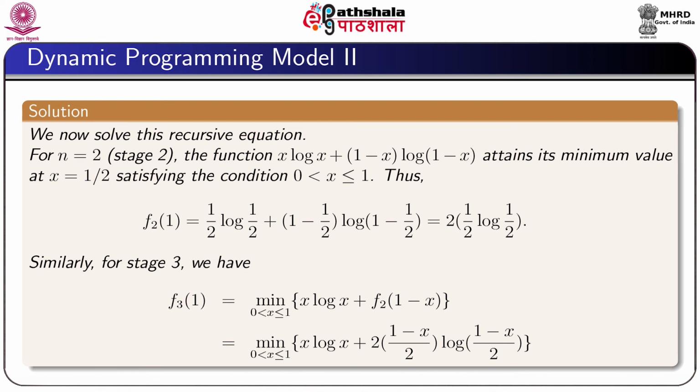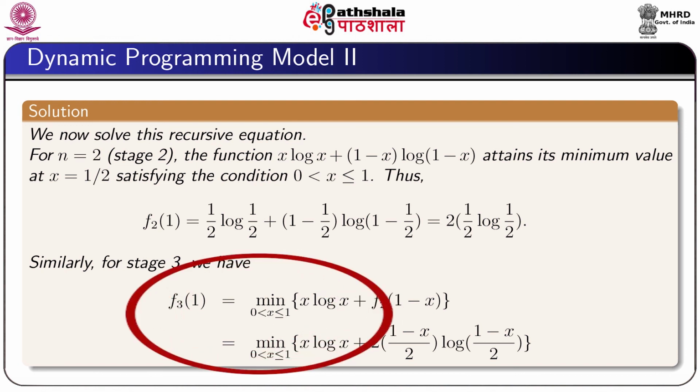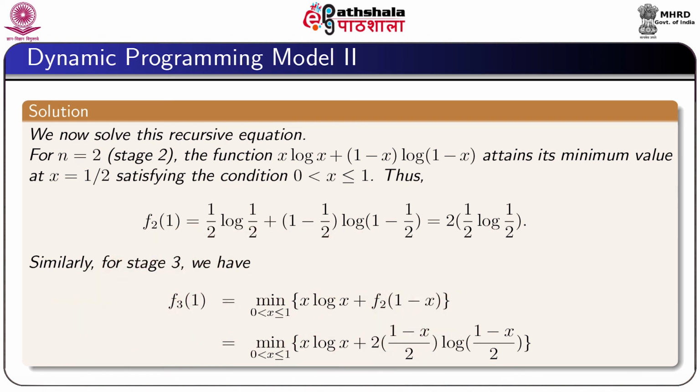Thus, we find f2(1) equal to half log half plus (1 minus half) log (1 minus half), which is equal to 2 into half log half. Similarly, for stage 3, the minimum value of the recursive equation is obtained as f3(1) equal to a minimum of x log x plus 2 into ((1 minus x) by 2) log ((1 minus x) by 2), where 0 less than x less than or equal to 1.